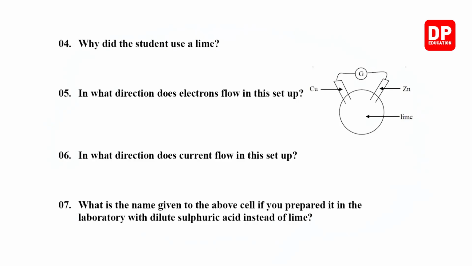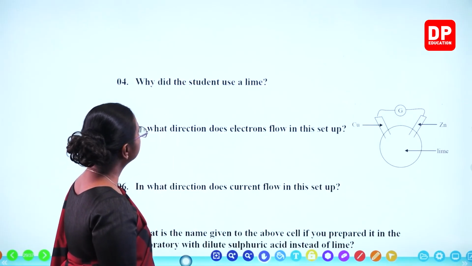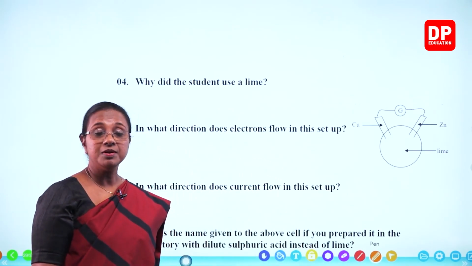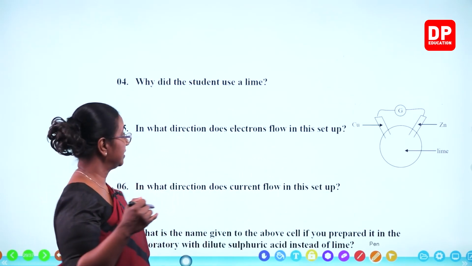Again, the questions continue. So, there you can see, students. Again, we have the same setup, the activity. And why did the student use a lime? To get the acid.